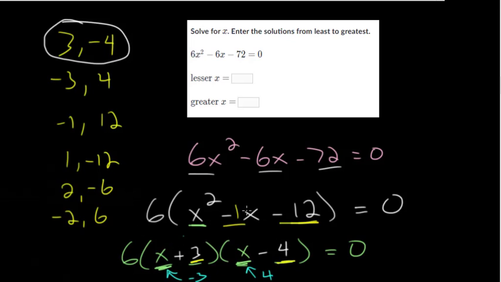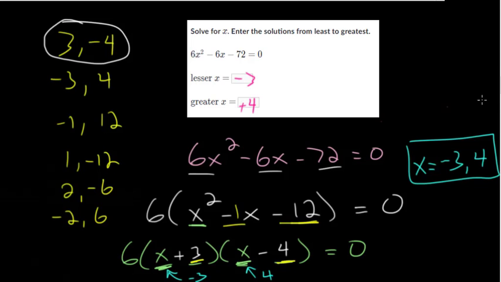But 6 times 0 times negative 7 is 0, because 0 times anything is 0. And likewise, for 4, this would be 0, and this would be 7, but 0 times 7 times 6 is 0. So our solutions are negative 3 and positive 4. And we can plug those into our box up here. So the lesser one is the negative one, and the greater one is the positive one.